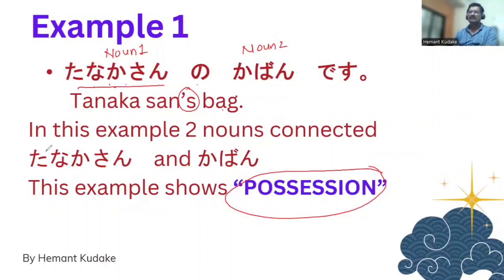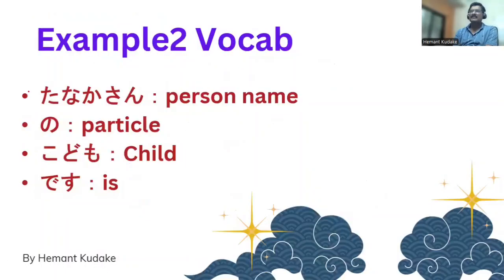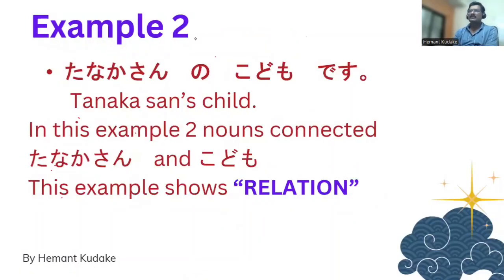Let's move further to the second example. Before that, we will study the vocabulary. Tanaka-san is a person name, no is a particle, kodomo means child. So the second example: Tanaka-san no kodomo desu. It means Tanaka-san's child.